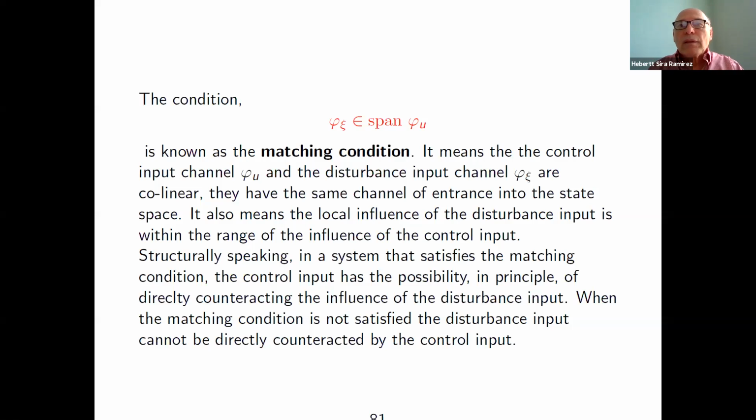Yeah, this is the way engineers solved the problem many years ago, for the lack of matching of the mechanical disturbances and the electrical control input location. This is how they did it.